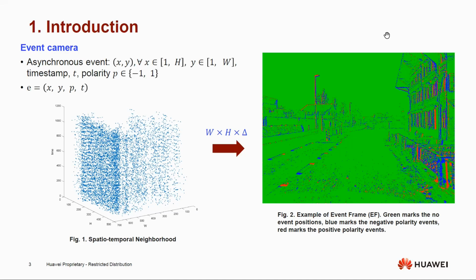So in our case, we have to encode this type of data, which we call event data, to compress the output of the sensor. Now, if you look in time, you have the figure 1 presentation of the events. At the bottom you have H and W, the height and the width of the sensor, and then the appearance of the events in time for each one of the pixels.